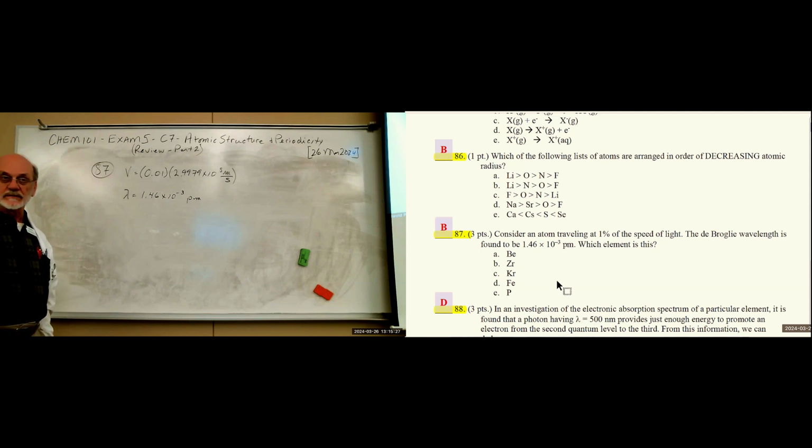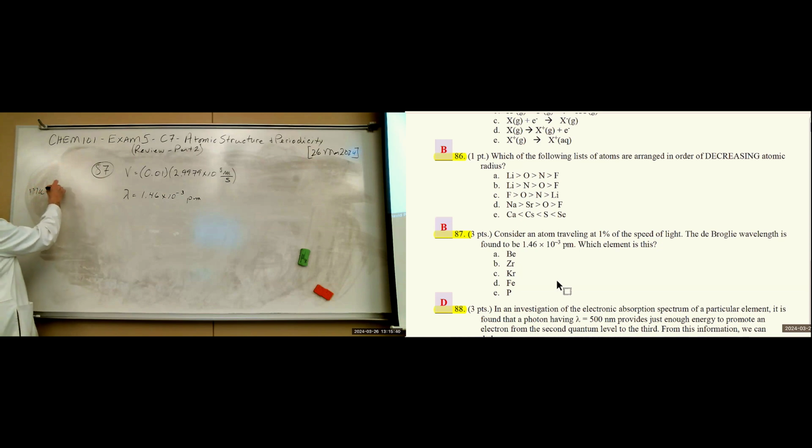Either the atomic number, the number of protons, or the molar mass. Molar mass will get you really close. So I think we're into molar mass here. And I abbreviate that molecular weight. So that means mass per mole. Right, or m over n.